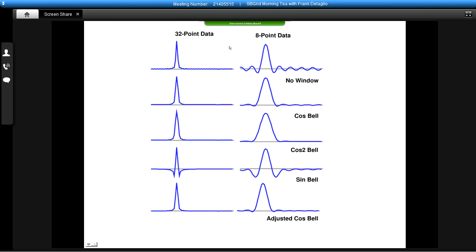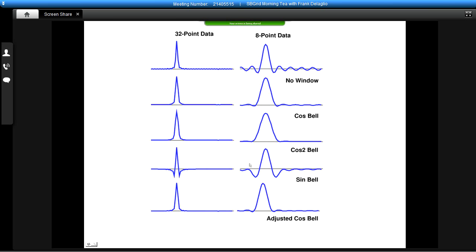However, if we take only 8 points of that exact same signal, we get corresponding spectra, as we've seen, with very huge line widths and much larger truncation artifacts, even though the underlying signal itself is exactly the same.